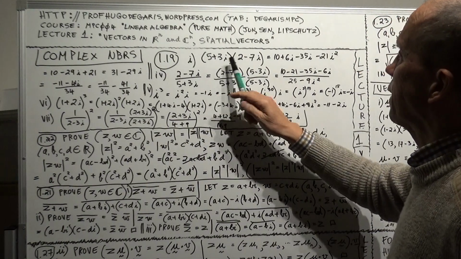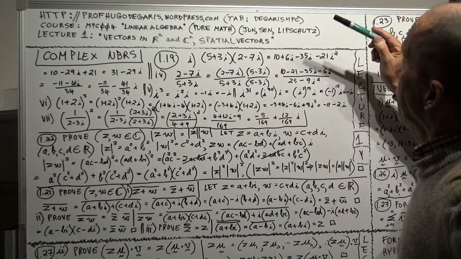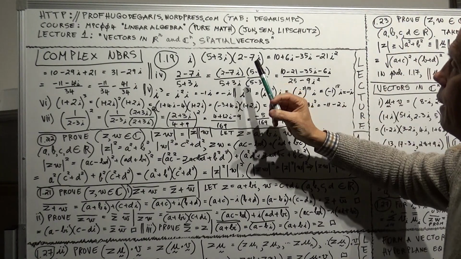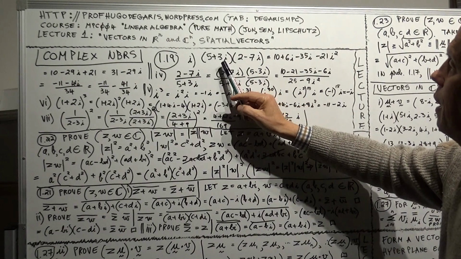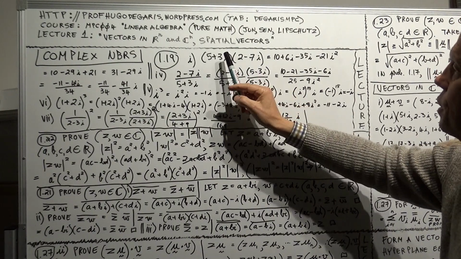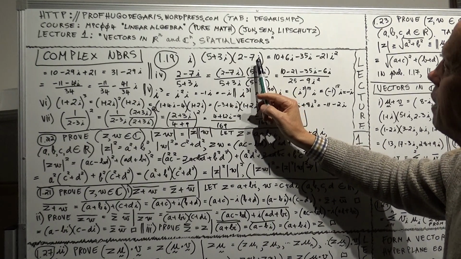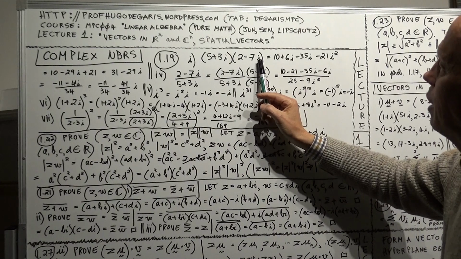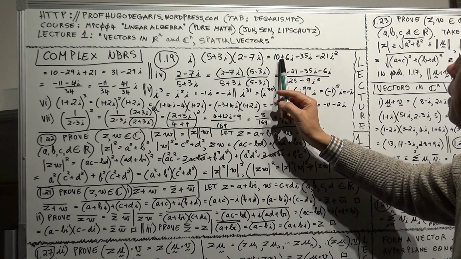So given two complex numbers, you are simply to multiply them. So let's do the reals first. So you get 2 5s, that's 10, and minus 21i squared. Well, i squared is minus 1, so minus 21 times minus 1 is plus 21, plus 10.